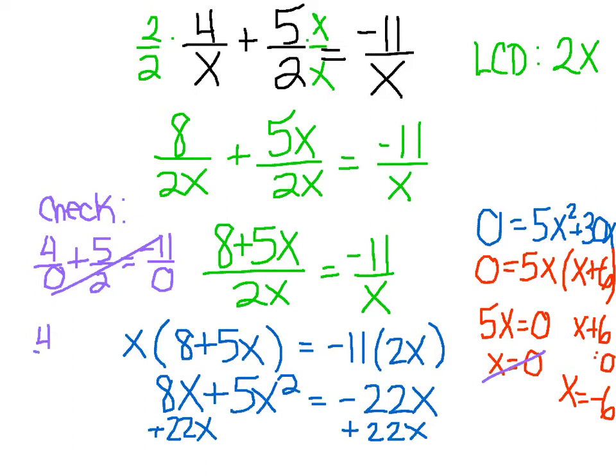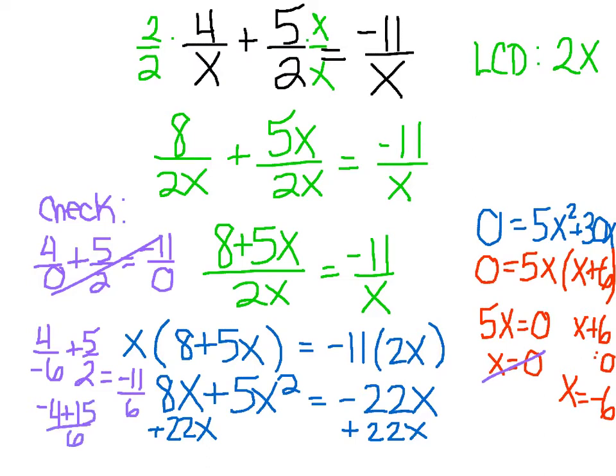But if I do 4 over negative 6 plus 5 over 2 equals negative 11 over 6, that's going to give us 5 halves. That's the same thing as 15 over 6. So we're going to have negative 4 plus 15 over 6.